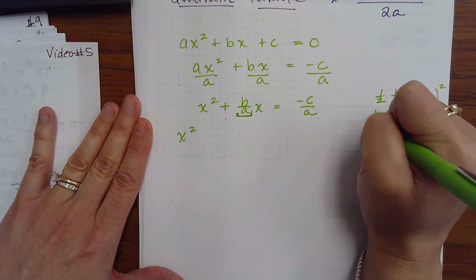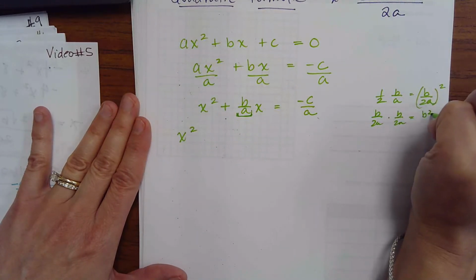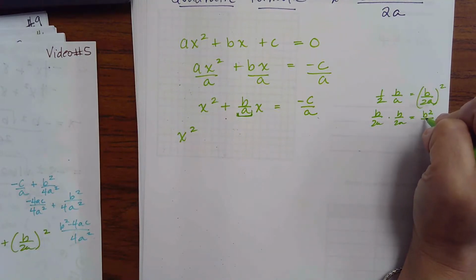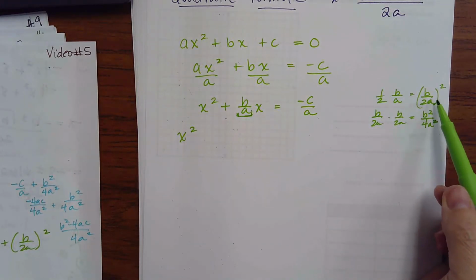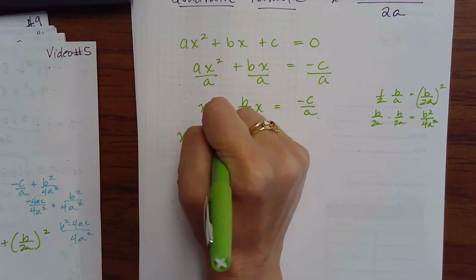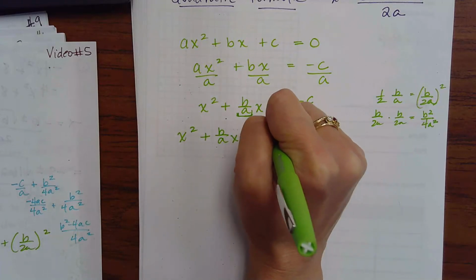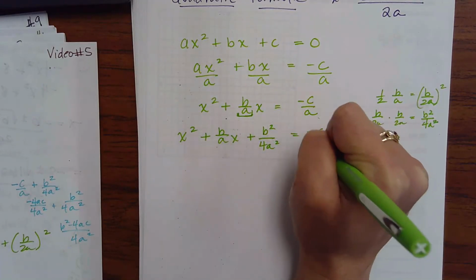That's b over 2a times b over 2a, which is b squared over 4a squared, right? So if we take half of b, square it, now we're going to add it to both sides of our equation. So I'm going to add b squared over 4a squared to both sides of my equation.